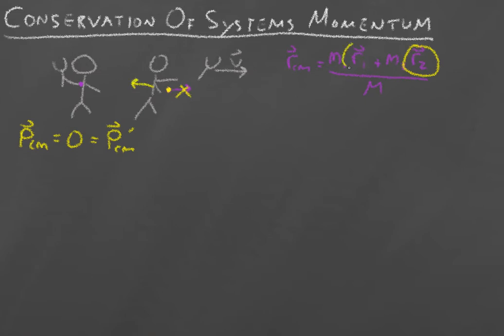Because now, if my position becomes negative in such a way that it cancels out everything that's being added to the new position from the wrench moving, then that's going to allow the center of mass to stay in the same place. So by me throwing the wrench, not only did I push the wrench to the right, I actually pushed myself to the left.